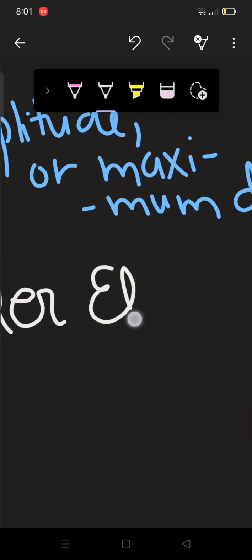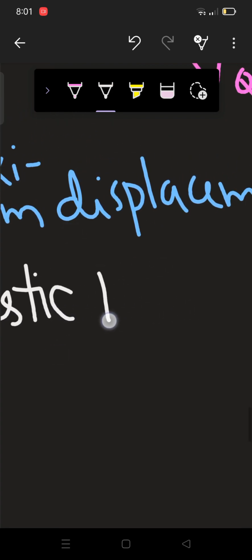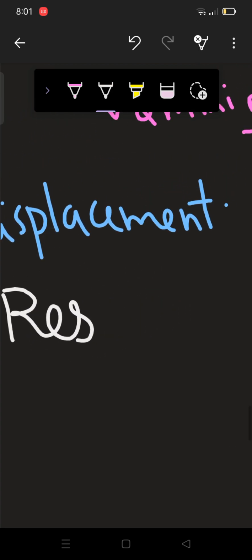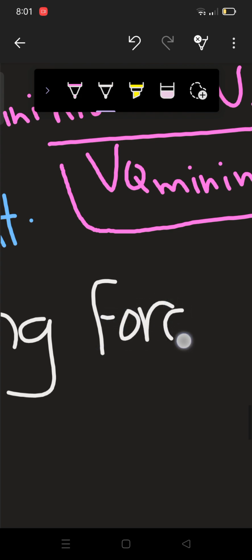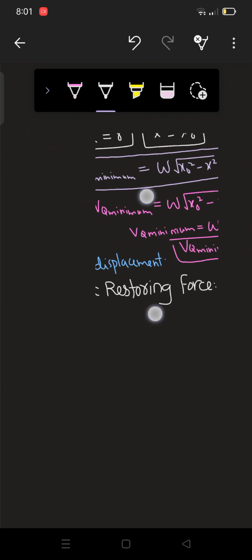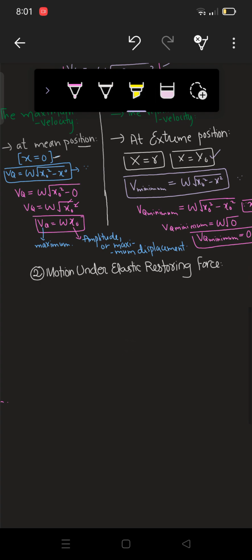What we are going to discuss today is the second example, which is motion under elastic restoring force, or you can say Hooke's law.